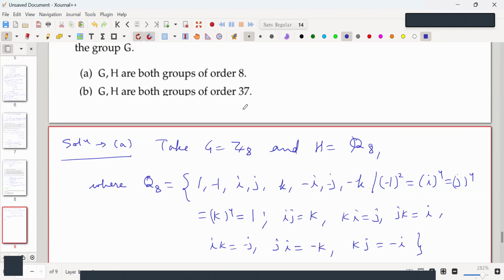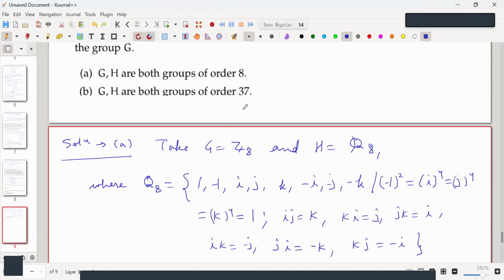You are doing addition coordinate-wise and modulo 2. Yes, sir. So that will be Z2 cross Z2 cross Z2. Yes, sir. So that is abelian, but this is not abelian.